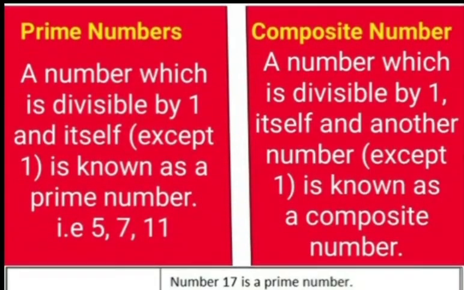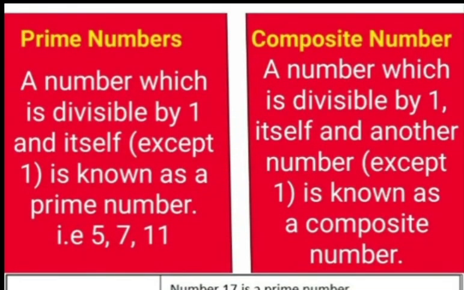Now compare the difference between prime numbers and composite numbers. A number which is divisible by 1 and itself is known as a prime number. For example, 5, 7, 11 and so on.